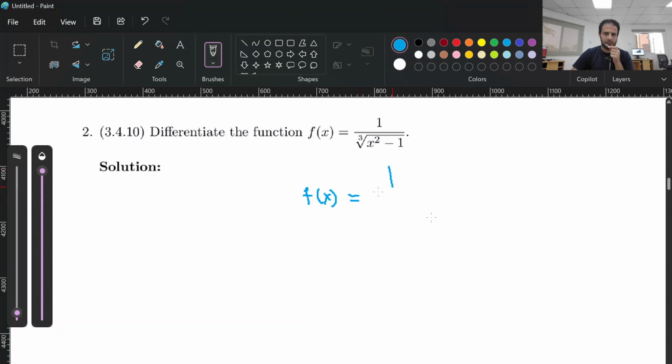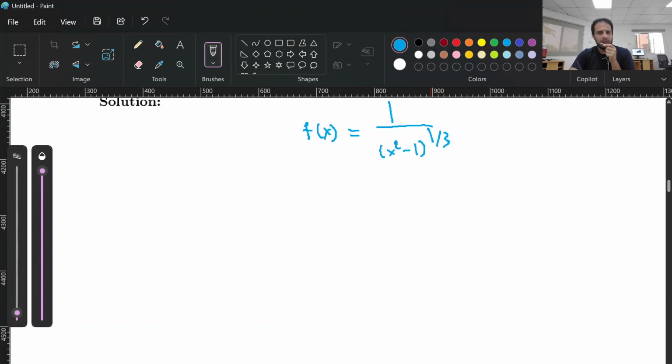So this equals 1 over x squared minus 1 to the power 1 over 3, since it's a cube root, right? Then to bring it up, you multiply the exponent by minus 1, so it's x squared minus 1 to the power minus 1 over 3. Now you use the chain rule. Let me show you the chain rule first.